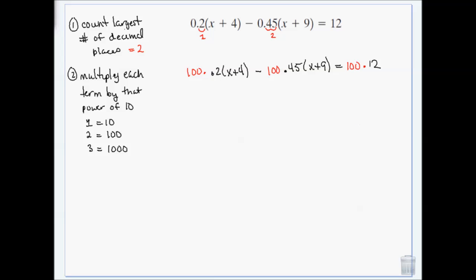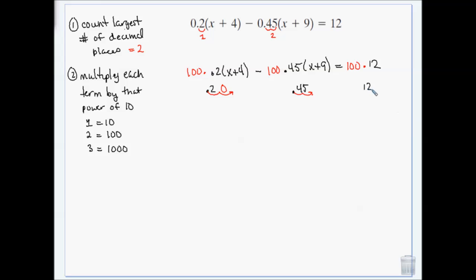And what that does is it moves my decimal places 2 over. So this 0.2 times 100 is going to come over twice, and it's going to become a 20. This 0.45 times 100 is going to move my decimal 2 places, and so it's going to become a 45.